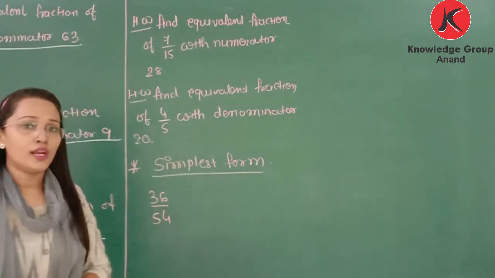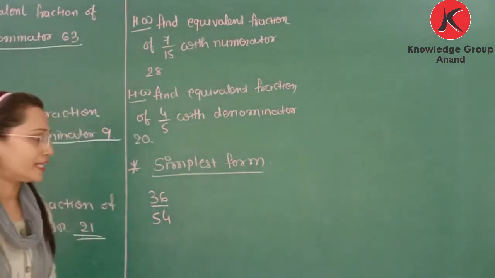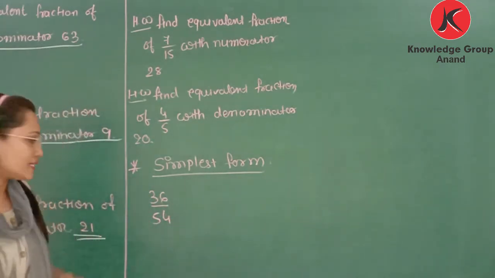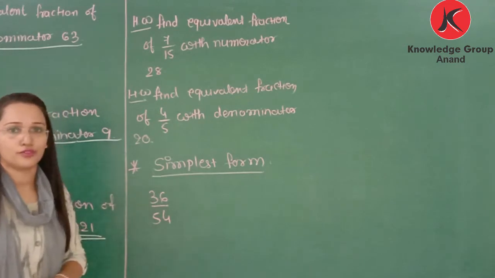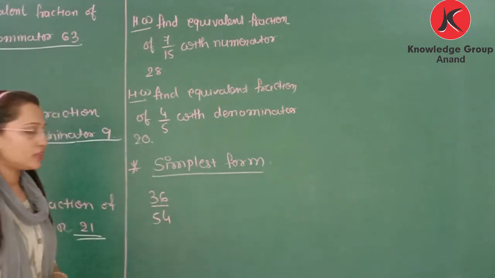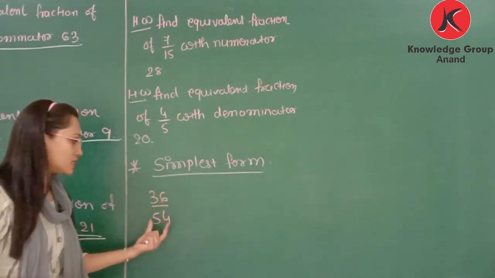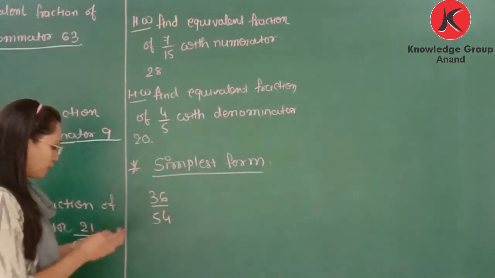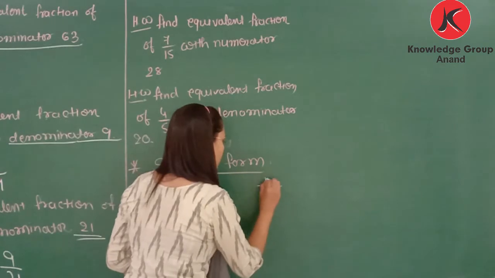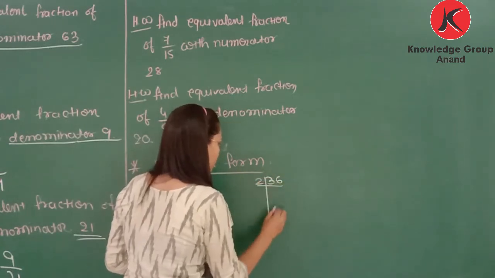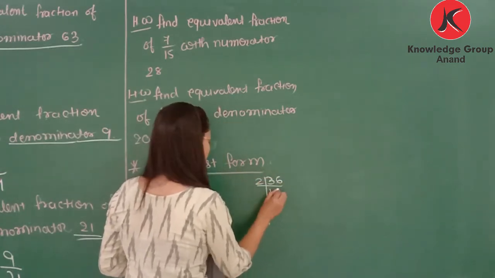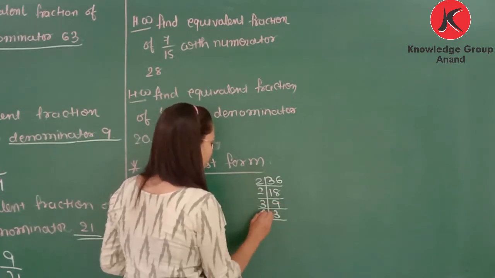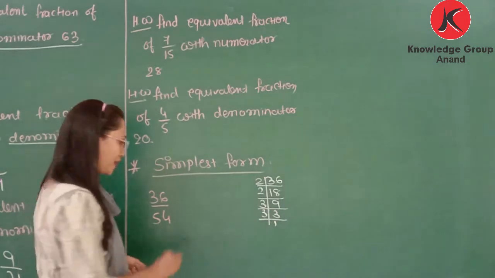Now we will learn our next very important thing, that is simplest form. Now what is the simplest form? Let's take one example, 36 by 54. Here you need to find the factor of 36 and 54 and you need to cut the common factor. Let's find the factor of 36. We already learned in the third chapter how to find the prime factors.